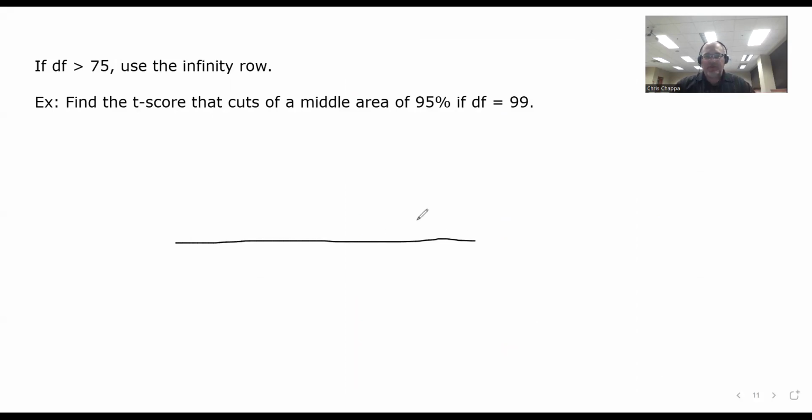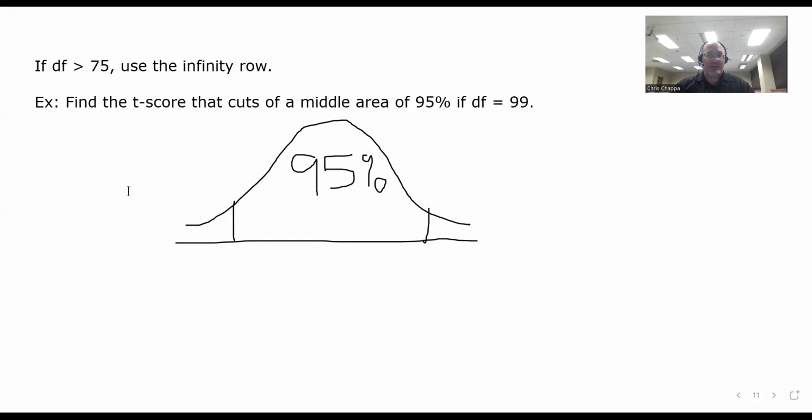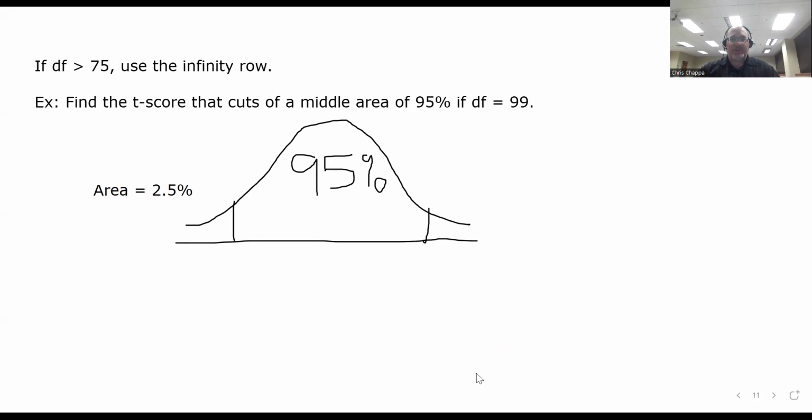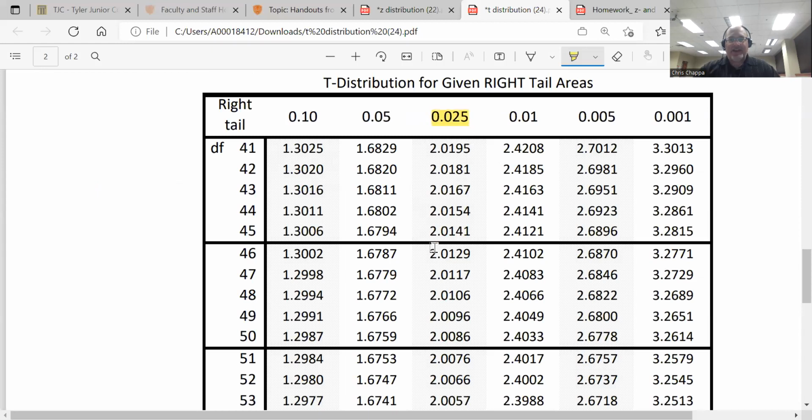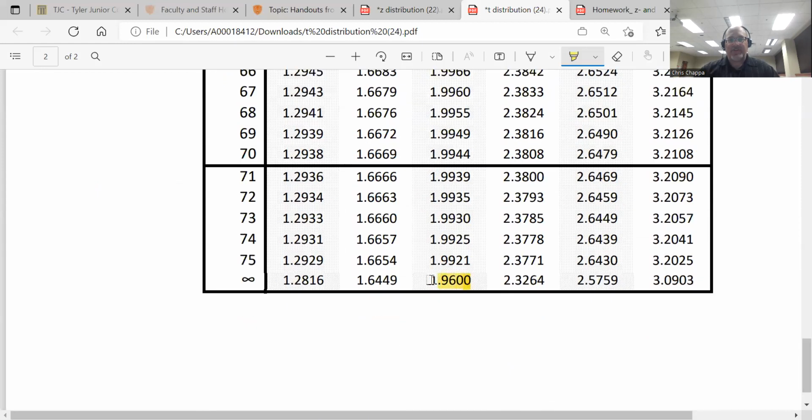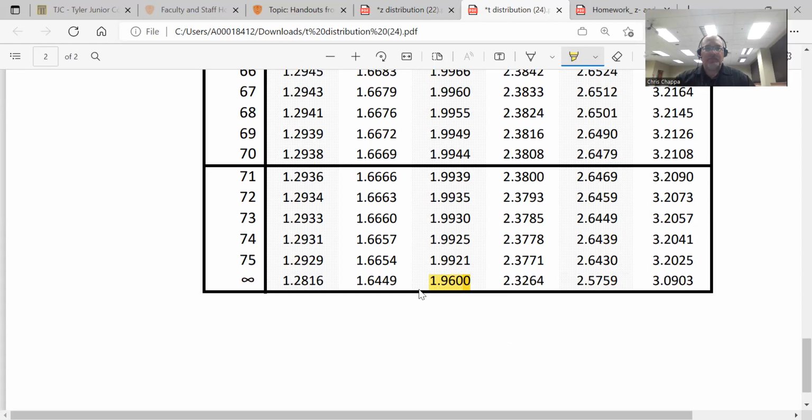Well, if we draw the picture, trust me, I'm going to ask you to draw lots of bell curves on your next test. Middle area is 95%. That means there's 5% left over, and if you cut that in half, the area of one tail is 2.5%, and we're at 99 degrees of freedom. 2.5% is the third column. 99 degrees of freedom is too large, so it takes us to the infinity row, and we use 1.9600, except the left one would be negative.